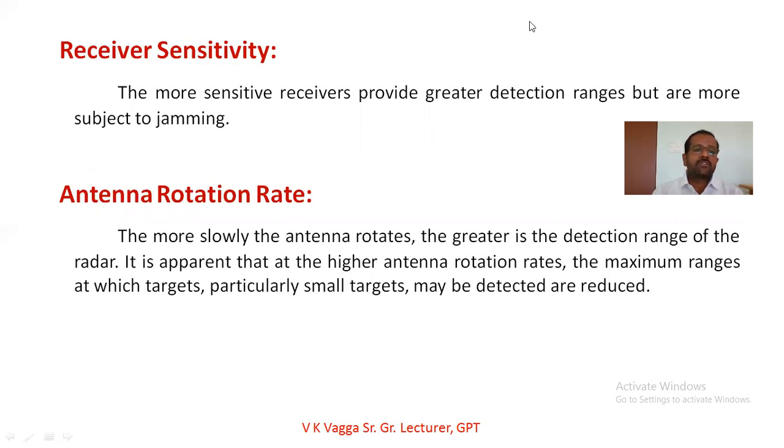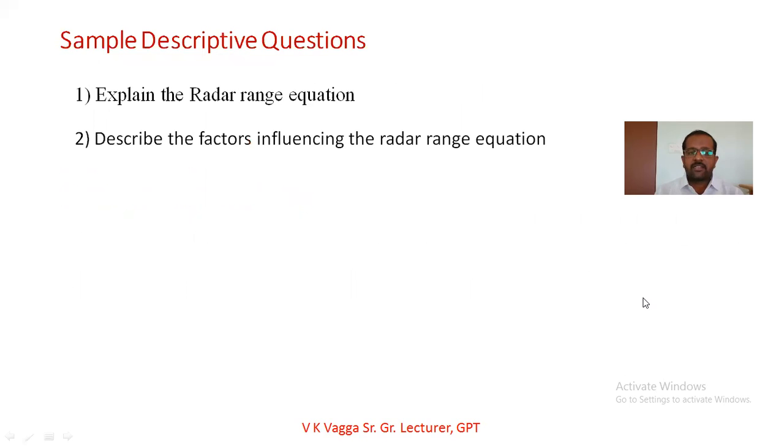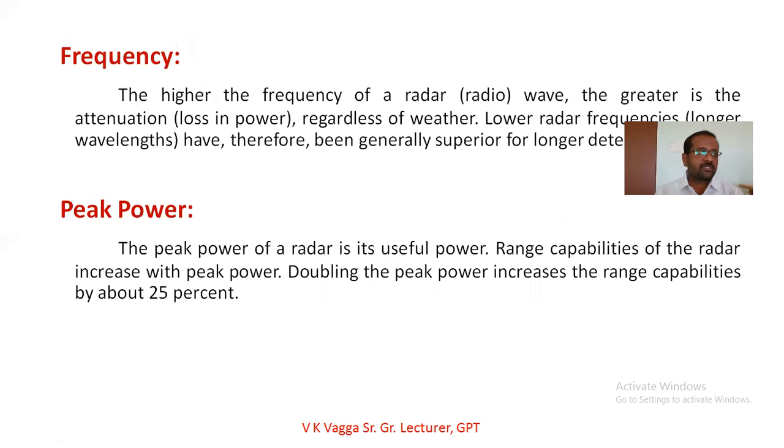If the receiver is highly sensitive, it can receive the signal very easily, and it can receive more than one signal, so it is subject to jamming. And if the antenna rotates at less speed, it can receive the signal very easily. If the antenna rotation speed is high, its detection is reduced. All these are the factors influencing the radar range.